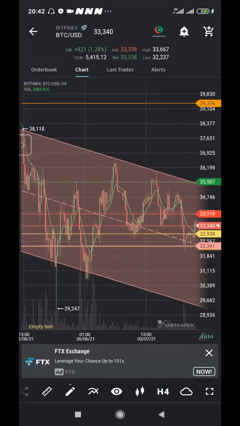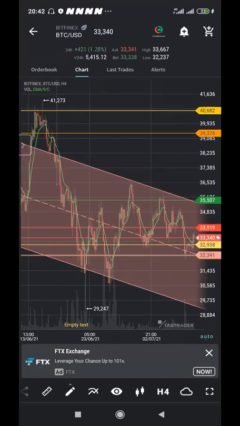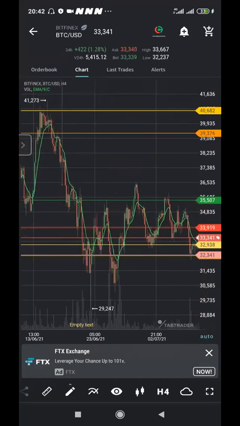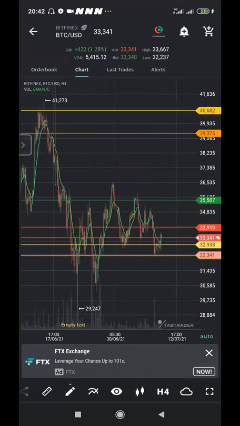Analyzing your charts, making decisions based on the information you find on the charts. That's what technical analysis entails.